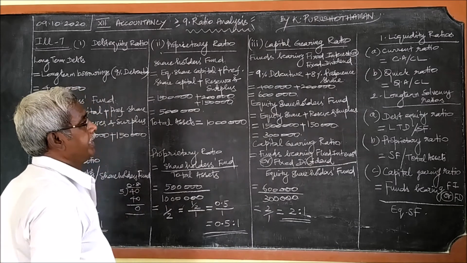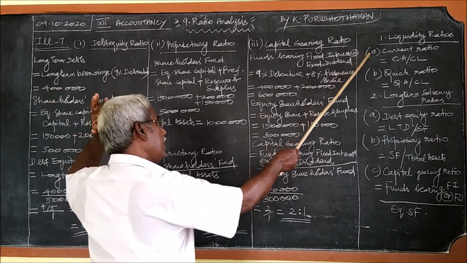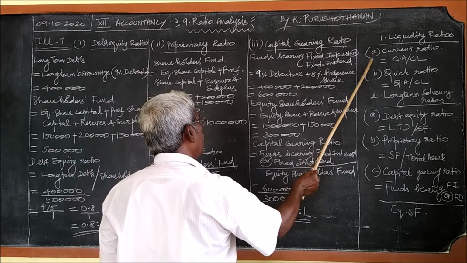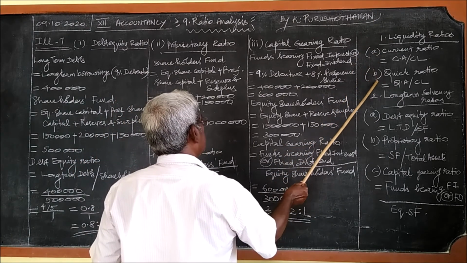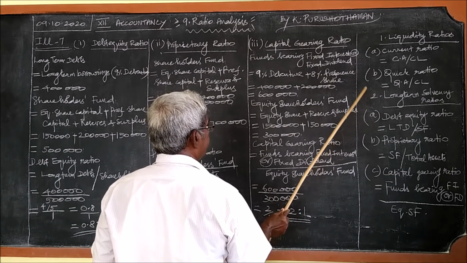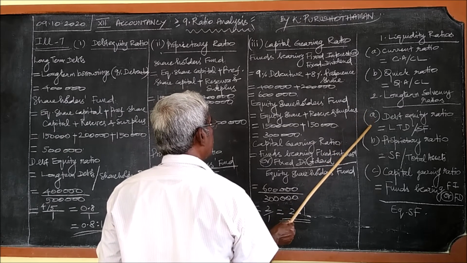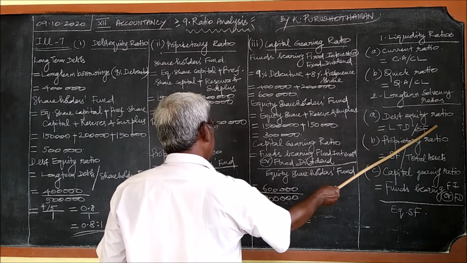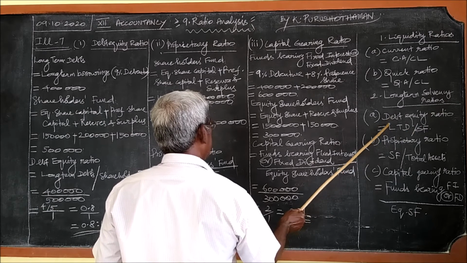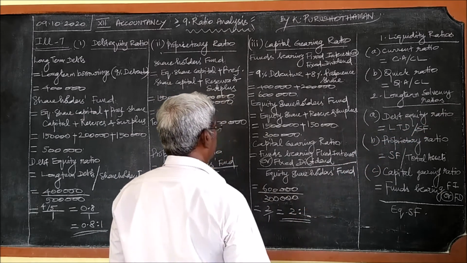The first ratio, current ratio, is for short term, whereas the second type is for long term. For the long term solvency ratios, the first one is debt-equity ratio. Here it is long term debts by shareholders fund.